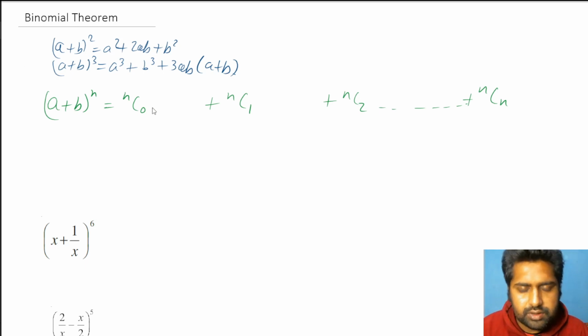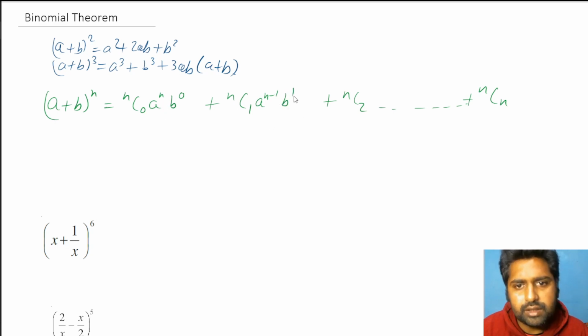Now you start with the highest power of a, which can be n, and the lowest power of b. You keep decreasing the power of a, so a raised to power n minus 1, and keep increasing the power of b, so b raised to power 1.